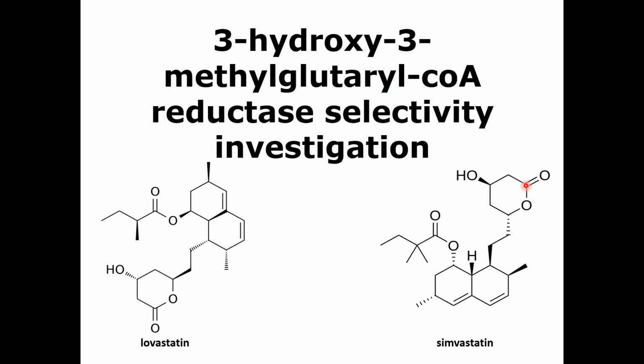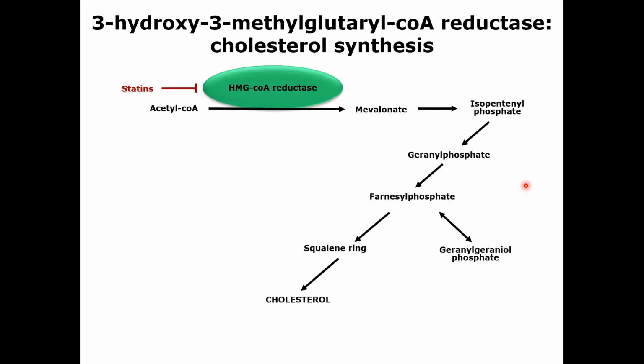So again, we first checked if the genetic knockdown of this enzyme, HMG-CoA reductase, caused the same selective toxicity effect, and it did. I'm not showing it here because it's too long. But now we again try to understand why the cholesterol synthesis disruption causes this selective toxicity.